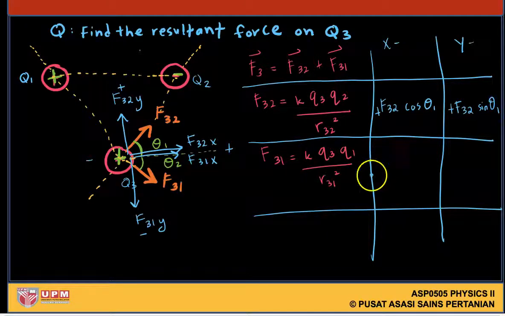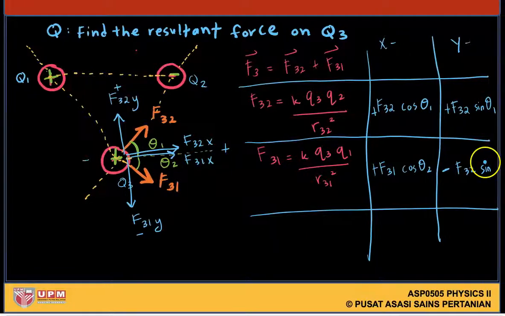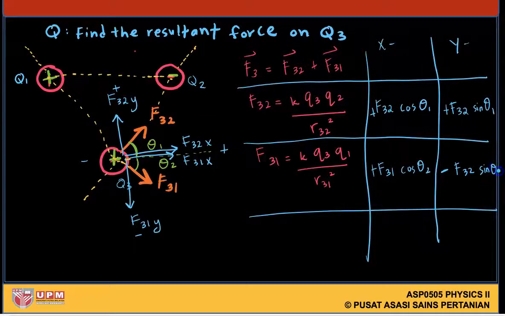And for F31, the x is positive, F31 cosine theta 2. So this is the angle. If they have the same angle, that's fine. But in case they have different angles, then your angle should be different. So F31 cosine theta 2, and you know the drill, this is negative, it's going down. F31 sine theta 2. Okay.